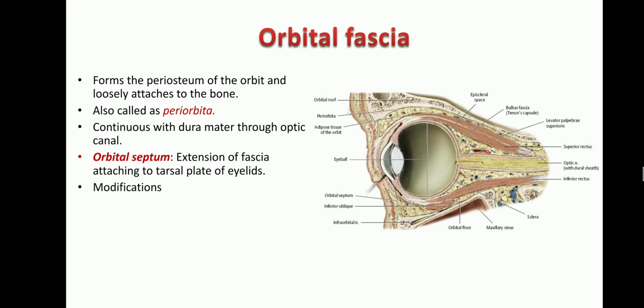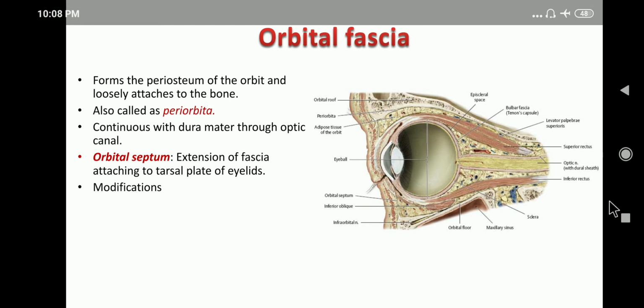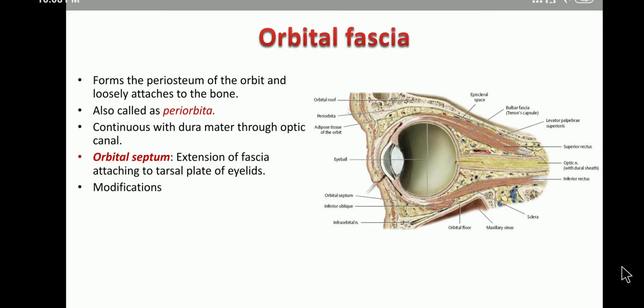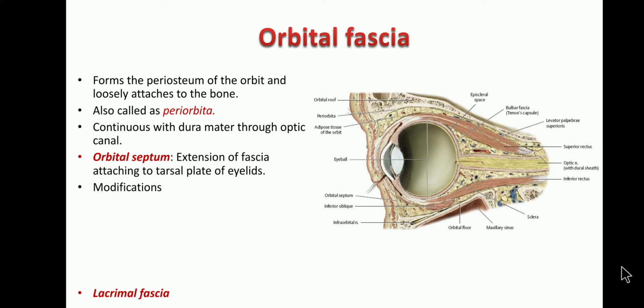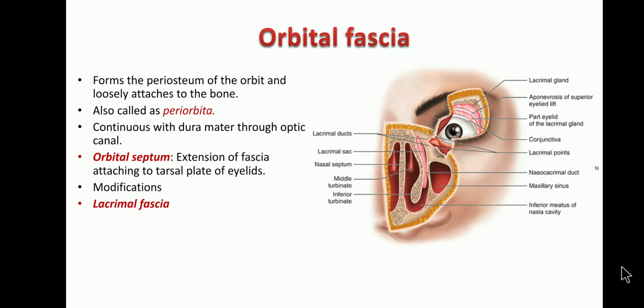Now the modifications: one modification we have seen is the lacrimal fascia, which stretches between the anterior and posterior lacrimal crest. This is your lacrimal fossa, and you are able to see here that it is lined by a fascia.